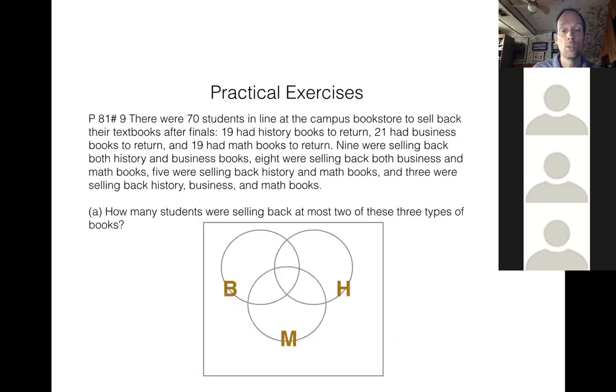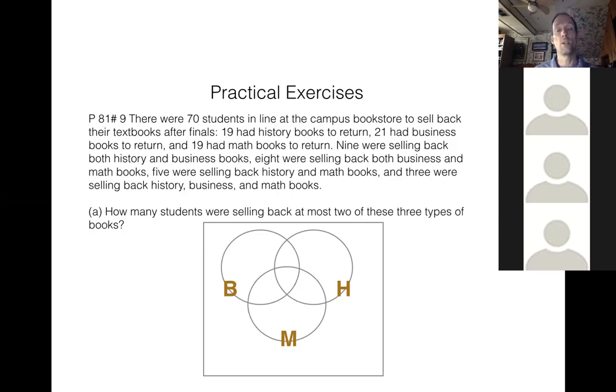Okay, so now we're going to talk about the practical exercises of set theory. We'll do this for maybe 20 to 30 minutes, and then we're going to get into the exam stuff. Everyone received an email from me that had the same questions you're seeing on the screen now, so you don't have to scribble the questions down. If you want to print out that email or have it next to you for reference, that's okay.